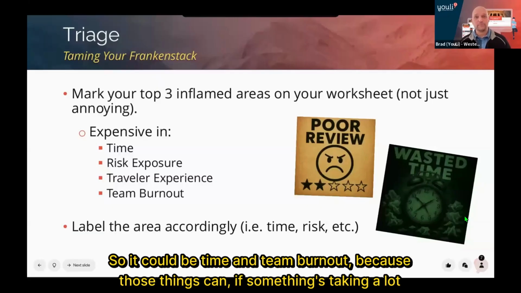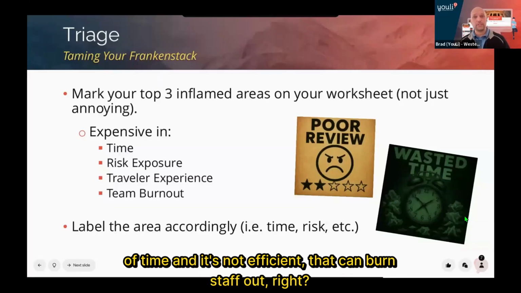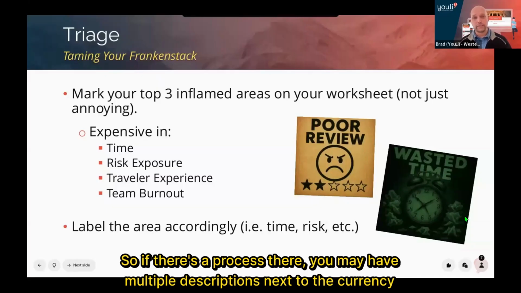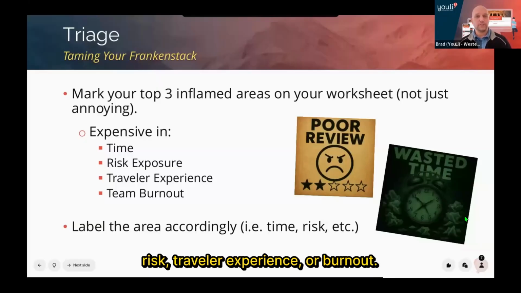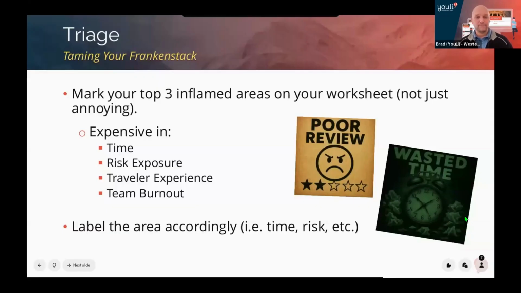So it could be time and team burnout, because if something's taking a lot of time and it's not efficient, that can burn staff out, right? So if there's a process there, you may have multiple descriptions next to the currency sign. So take a look at that. Go ahead and write next to your currency sign those inflammations of time, risk, traveler experience, or burnout. And this could be your own burnout. That's okay.